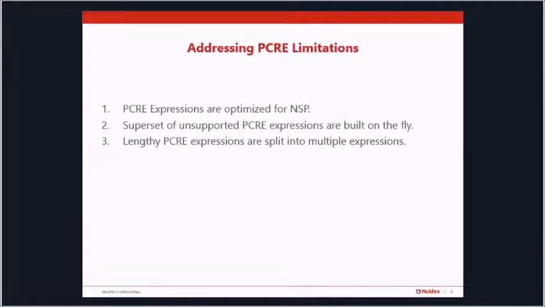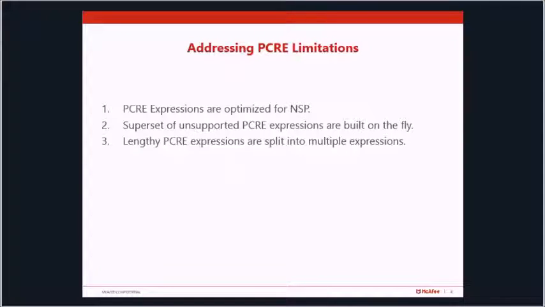Most of the Snort rules support complex PCRE expressions. Some of these expressions are not supported by NSP due to increased performance issues. So to address such cases, the utility will try to optimize the PCRE expression by building a superset of the expression on the fly, which will carry the same meaning but would be optimized for NSP.